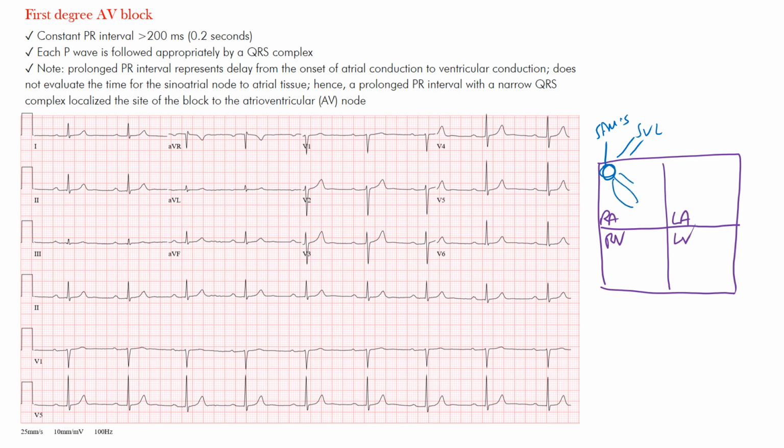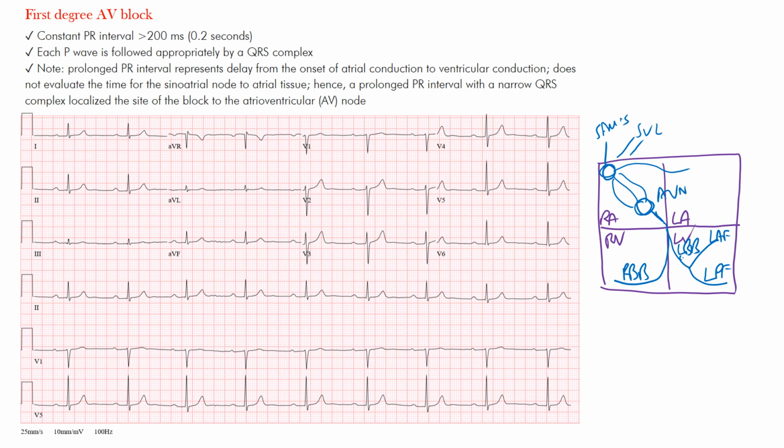From the sinus node, we have our AV node, and these are internodal pathways that connect the two. We have a Bachmann bundle to the left atrium. We have a His bundle. We have the right bundle branch. We have the left bundle branch. And if you recall, the left bundle branch has two fascicles, a left anterior fascicle and a left posterior fascicle. And from there, that's how the conduction system goes from atria to ventricles.